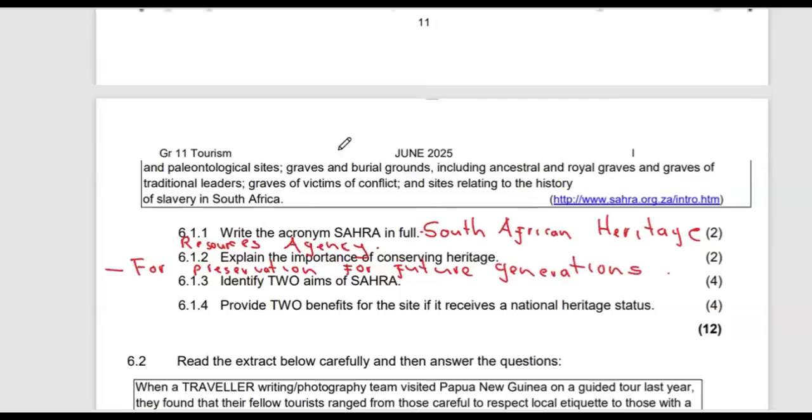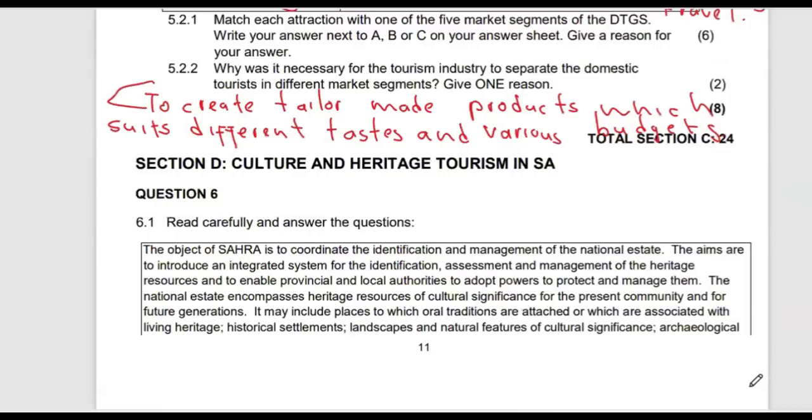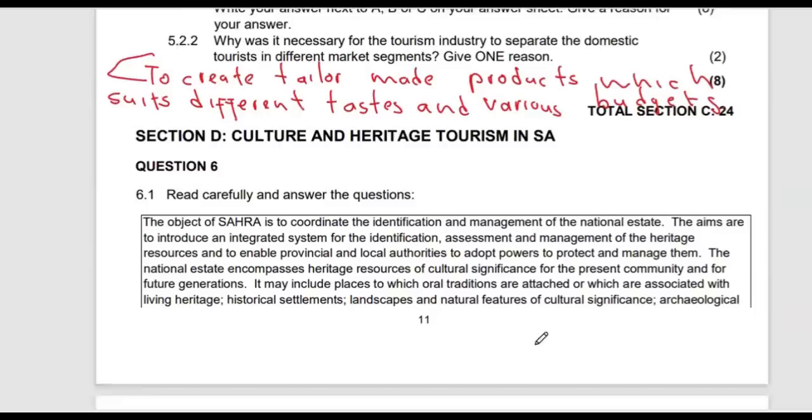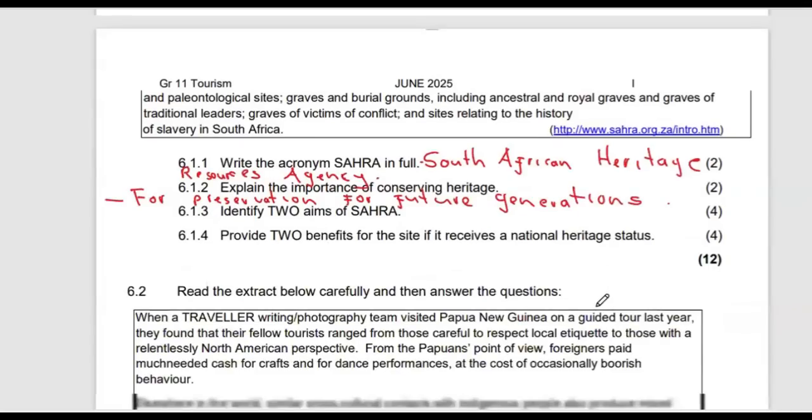So the aims of SAHRA, we need to introduce an integrated system for the identification and management of heritage resources. So two aims of SAHRA. The first thing, identification of heritage sites and the management of those sites.